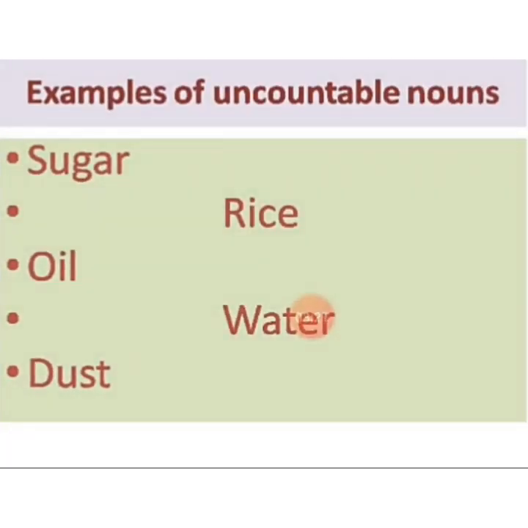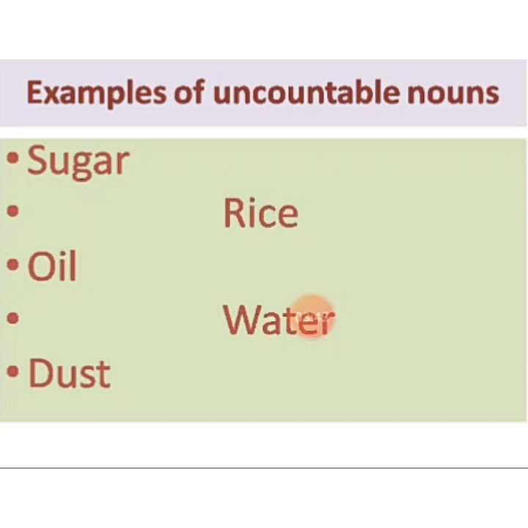An uncountable noun is a noun that cannot be counted. In other words, the quantity of this noun is much more than can be counted. Therefore, you cannot count them because they are inseparable. They are in a large number.